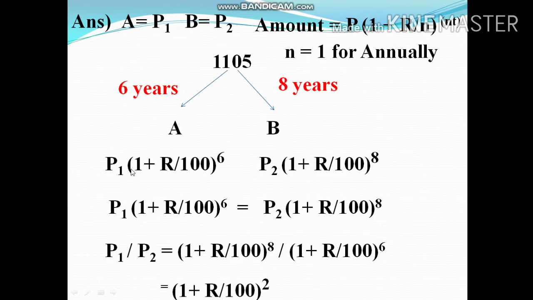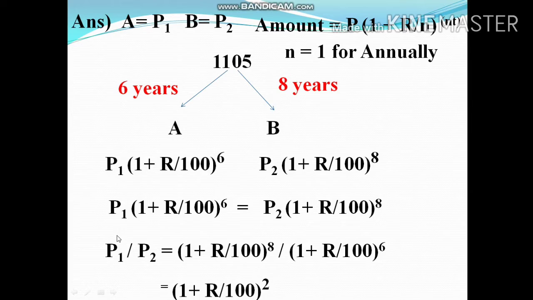For A it is P1 into (1 plus R by 100) whole power 6. For B it is P2 into (1 plus R by 100) whole power 8. After certain years these two amounts will become equal. So P1 into (1 plus R by 100) whole power 6 is equal to P2 into (1 plus R by 100) whole power 8.